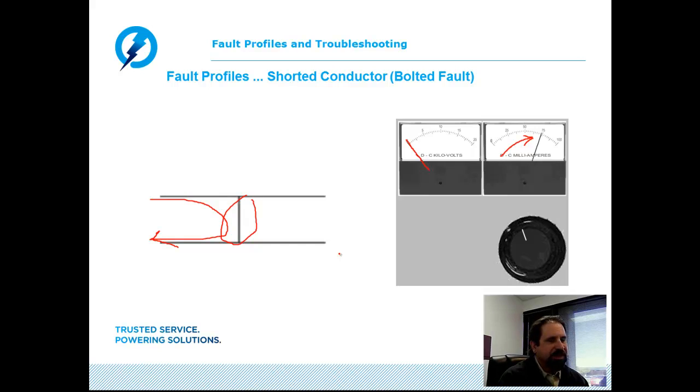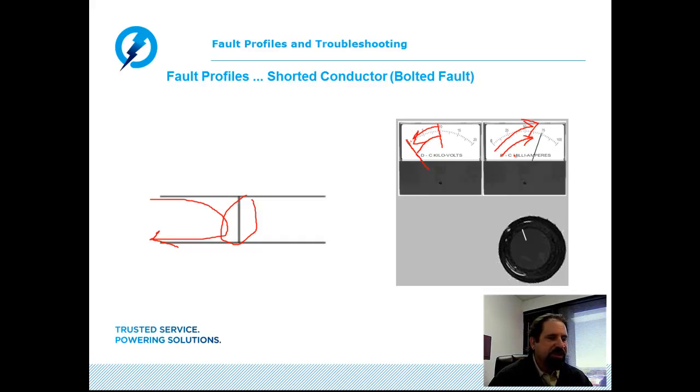Now, the difficulty is when it comes time to do the thumping method. Again, when we start discharging high voltage surges into a bolted fault or a short circuit, what we're going to see is the meter is going to charge up to the value of voltage that we want to thump at. When the discharge mechanism inside the surge generator or thumper closes, what we're going to see is a strong kick back on the voltmeter and a very strong kick forward on the ammeter.